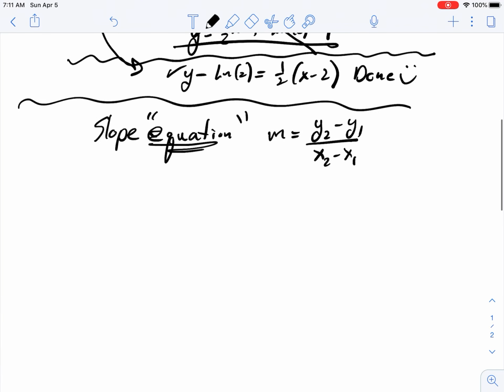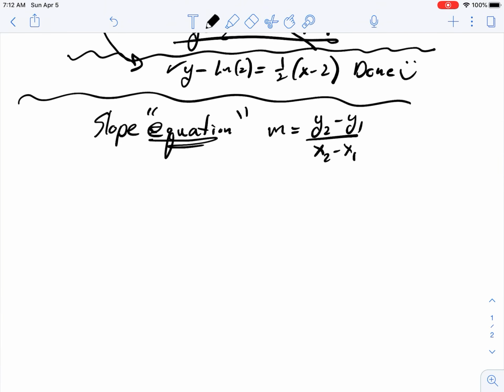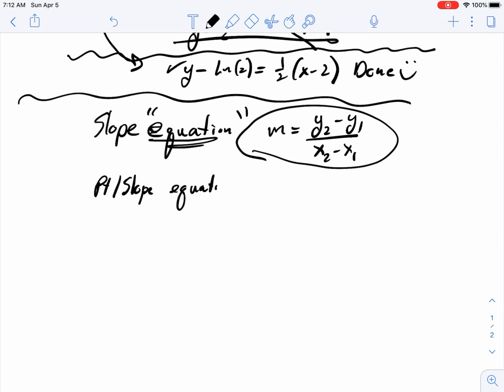And again, the equation, the foundation of calculus. So if we take this equation and clear the fraction, then we get the point slope. Again, the word equation still appears. And we have y2 minus y1 equals m times (x2 minus x1).